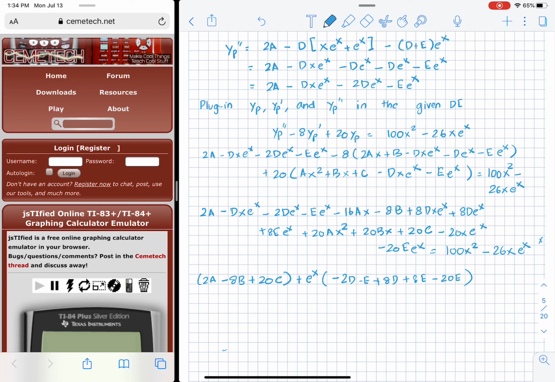If I have the signs right. Yes. x e^x terms, I have minus d plus 8d minus 20 by itself.